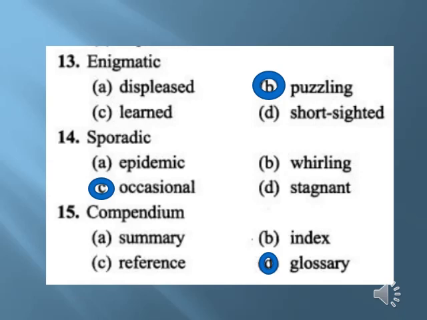Stagnant, which is in the same place, which has remained stagnant. Compendium. Compendium is a collection of information on a particular subject. Now here the right word will be glossary, which is a synonym of compendium. Glossary means a collection of words in a particular context. At the end of a book you may find the glossary. So for compendium the right answer is glossary.